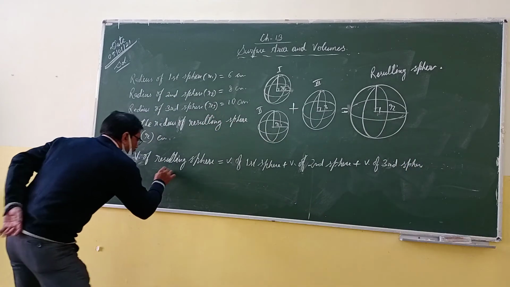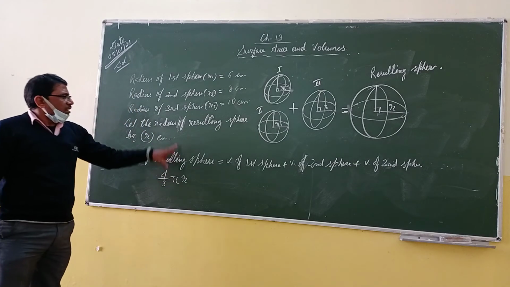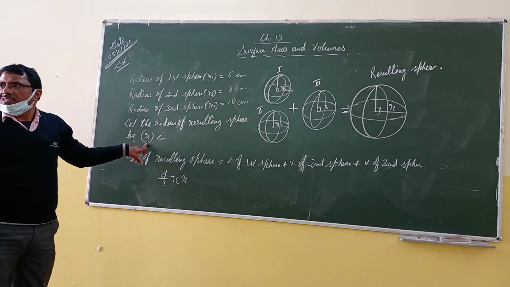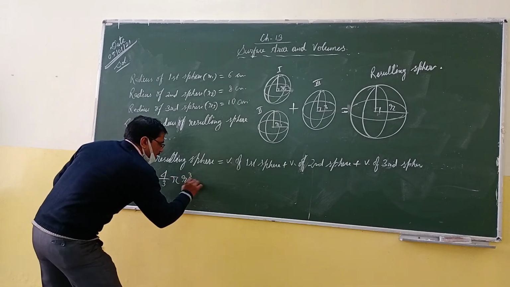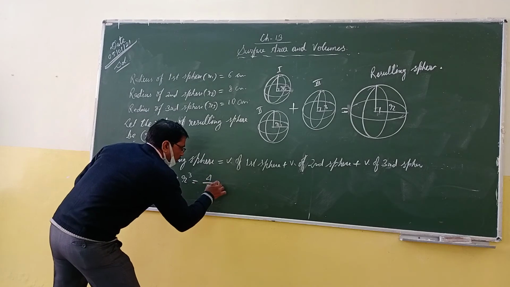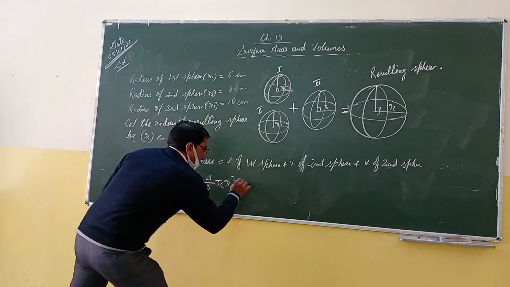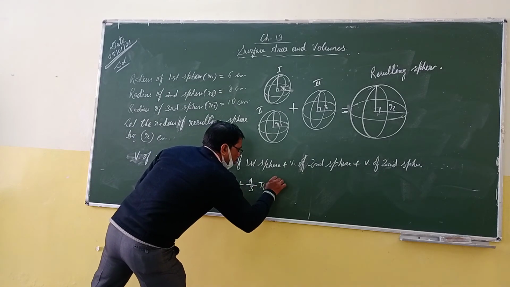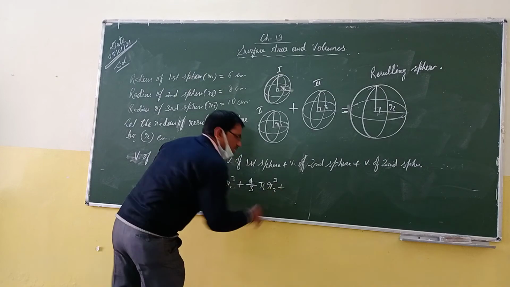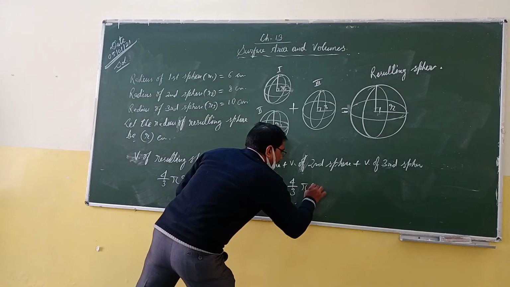So write the formula 4 by 3 pi. We have taken the radius as small r, numbers are not there. Pi r cube is equal to 4 by 3 pi r1 cube plus 4 by 3 pi r2 cube plus 4 by 3 pi r3 cube.